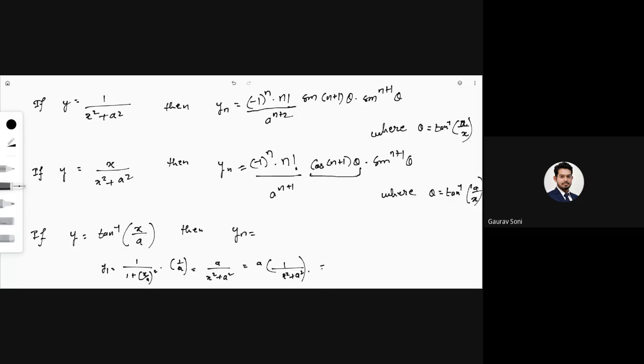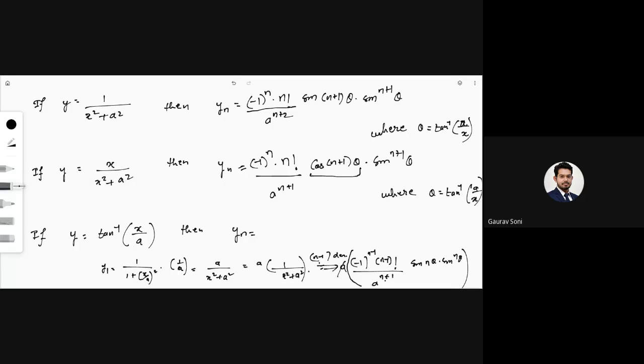Now how many derivatives I have to take? N minus 1 derivatives. So minus 1 raised to n minus 1, n minus 1 factorial, a raised to n plus 1 will be there. This is inside bracket, sine of n theta, sine raised to n theta. और बाहर एक a था.